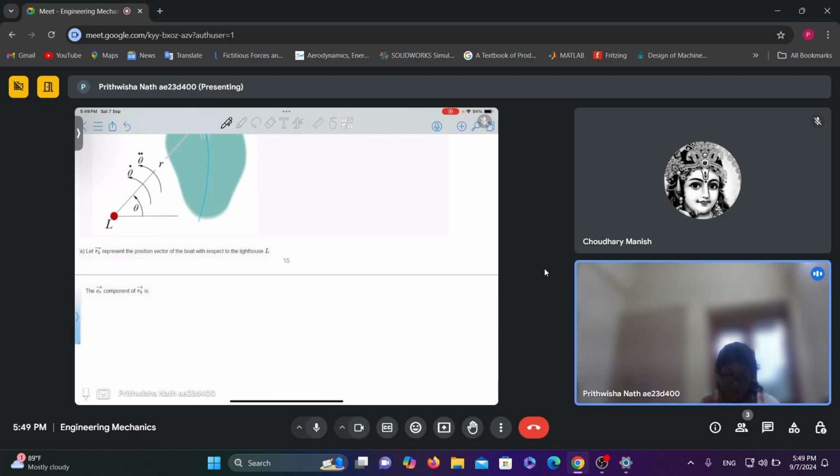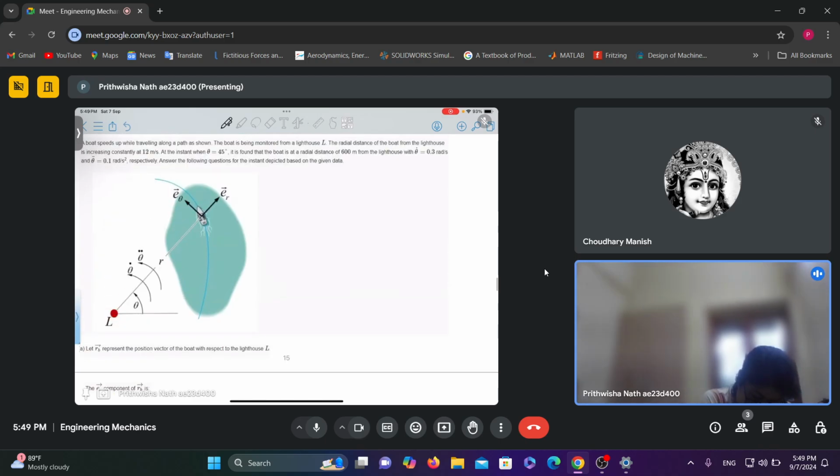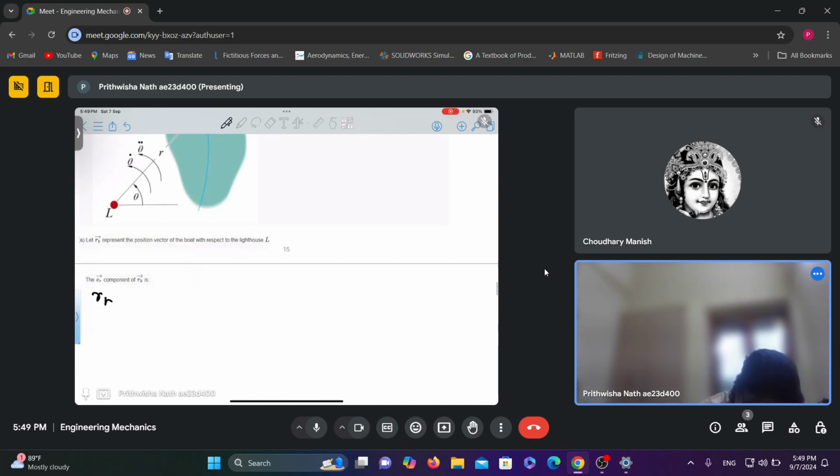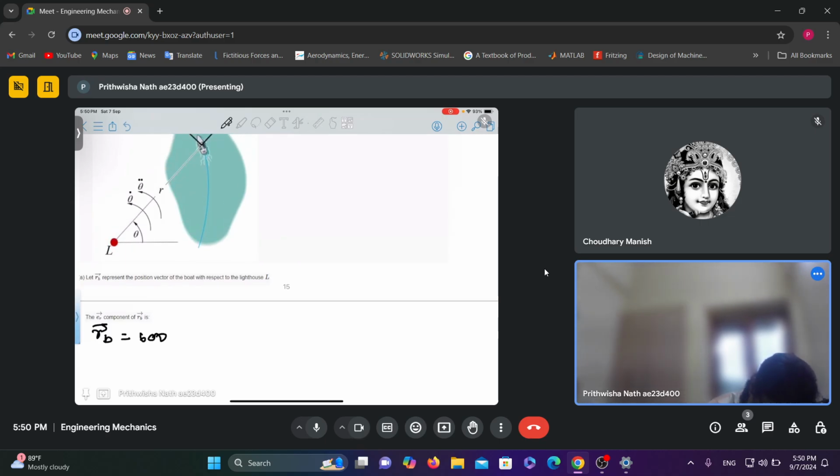So it is given that RB is the position vector of the boat with respect to the lighthouse, right? And it is also mentioned that the boat is at a radial distance of 600 meters. So RB is basically 600. So the ER component is 600.